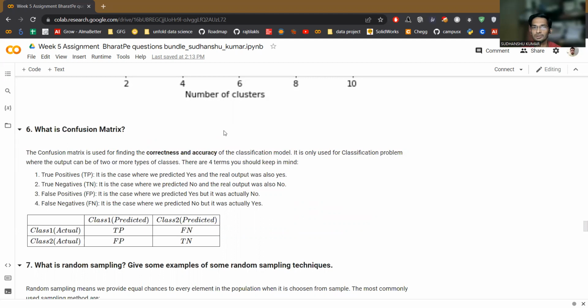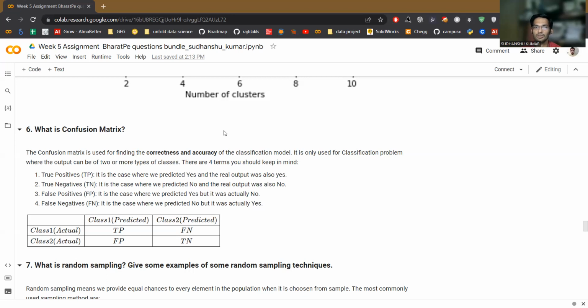If we take a two class classification problem like yes or no, then 4 terms arrive in the confusion matrix. True positive: if the predicted value is true and the real output is also true, then it is called true positive.